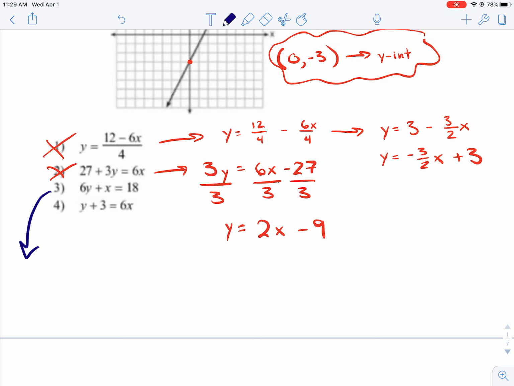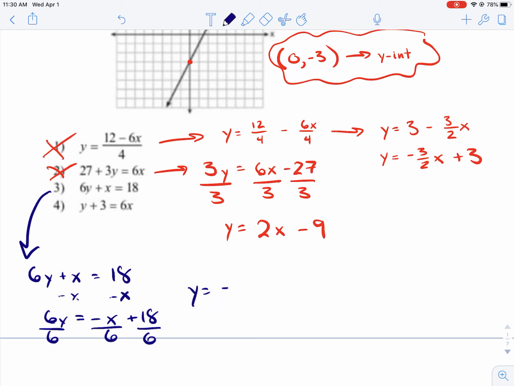Let me pull up a different color here, okay? All right, let's try number 3. Okay, so this one's going to be 6y plus x equals 18. All right, so in order to get y by itself, we have to subtract the x. So you subtract x from both sides, you get 6y is equal to negative x plus 18.